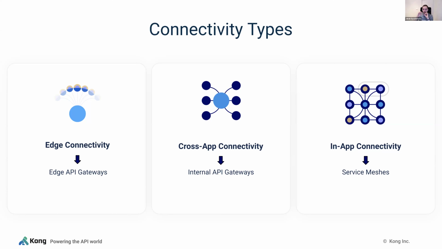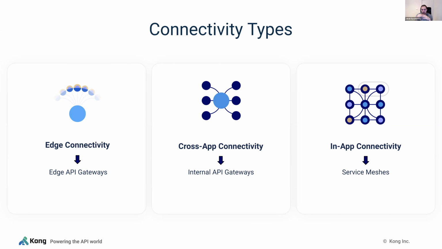Those might be separate applications that are composed of multiple microservices, and you need to have connectivity between them. If you are familiar with DDD, this is basically a bounded context, right? So you can implement this with internal API gateways. So every bounded context would expose their own API gateway with the API.